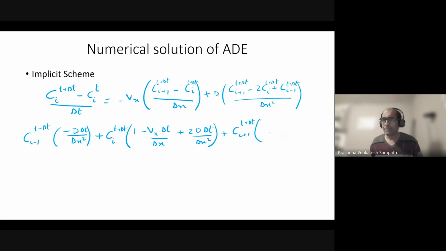So this will be vx times delta t divided by delta x, minus d delta t divided by delta x square. All this complicated stuff is on the left hand side, where I have moved all the unknowns. On the right hand side, I'll have a very simple looking term, equal to Ci at time step t. That's it.